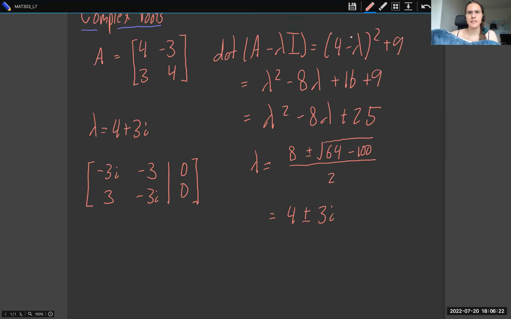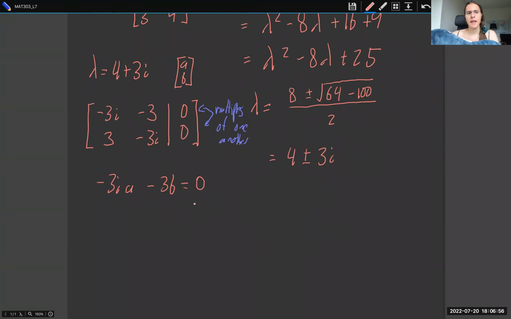Of course, both of these rows are multiples of one another, so there's really only one equation. If we're solving for an eigenvector (A, B), then minus 3i times A minus 3 times B is equal to 0.